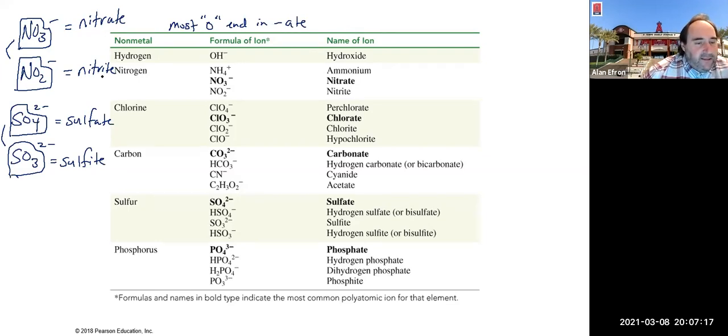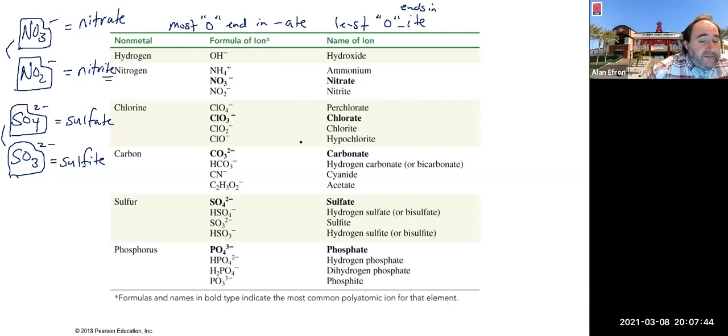The one with the least number of oxygens ends in ite. Sometimes people will remember all the ates and know that the ites are 1 oxygen less. The charge is exactly the same. Or vice versa, you can memorize all the ites and know that the ates are 1 oxygen more.